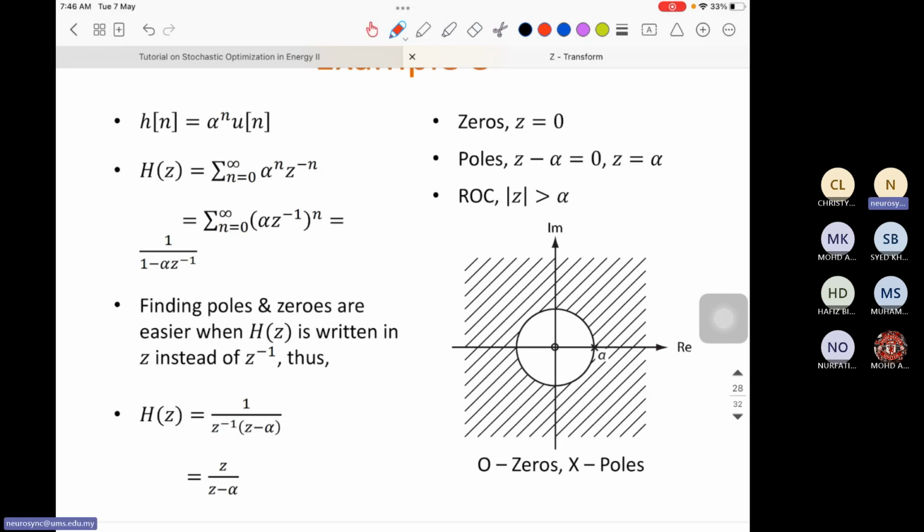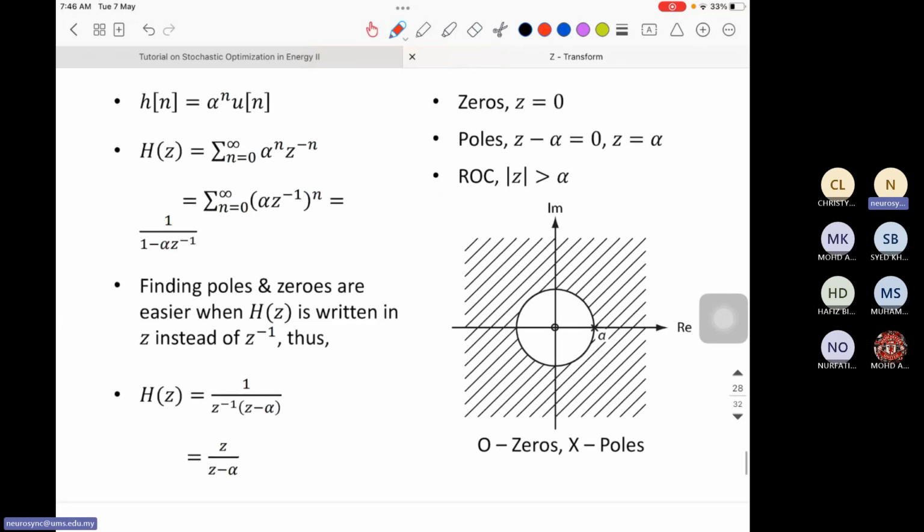In this case, for easier calculation, we have the polynomial in terms of Z inverse, so we will express this in terms of Z. We write this H of Z instead of the Z inverse polynomial.